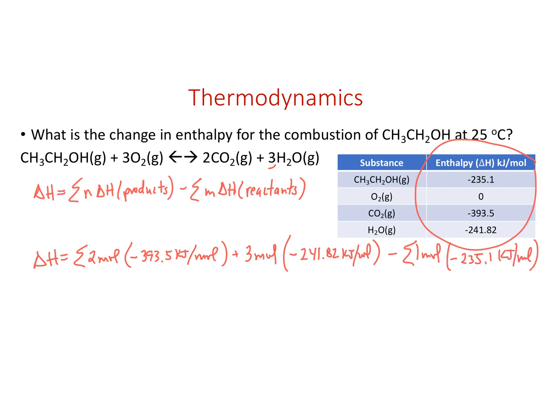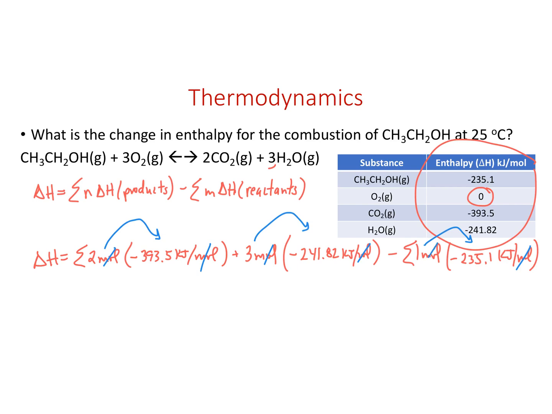And then I don't have to worry about oxygen because the enthalpy of formation of oxygen is 0. So again, I'm going to multiply through. Multiply that by 2, moles will cancel. Multiply this by 3, moles will cancel. Multiply this by 1, moles will cancel here as well.